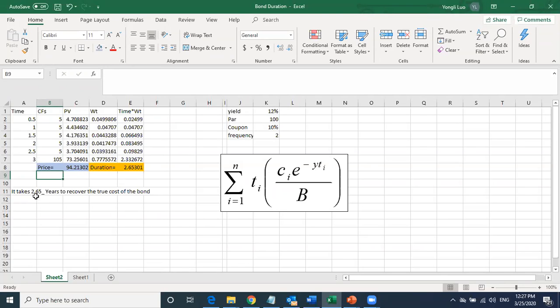So it takes about 2.65 years to recover the true cost of the bond. So the duration will be less than the maturity. The maturity is 3 years. Okay, any questions?